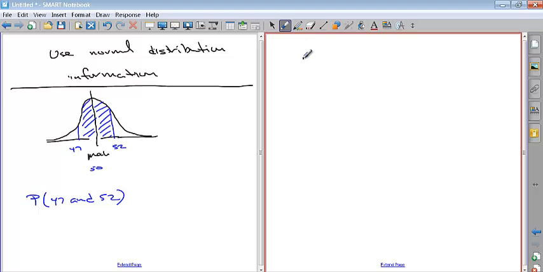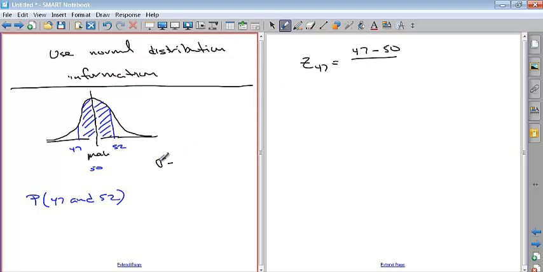So in this case, we calculated a z-score associated with each value, 47, 52. So you get 47 minus the mean, which is 50, divided by the standard deviation, which I'll give you as, let's say it's 3.2, and I use S instead of sigma.